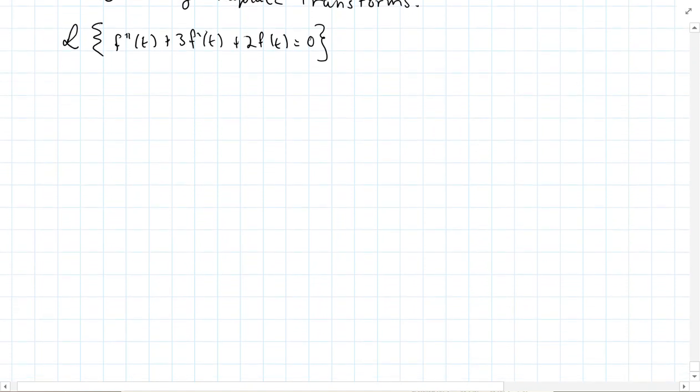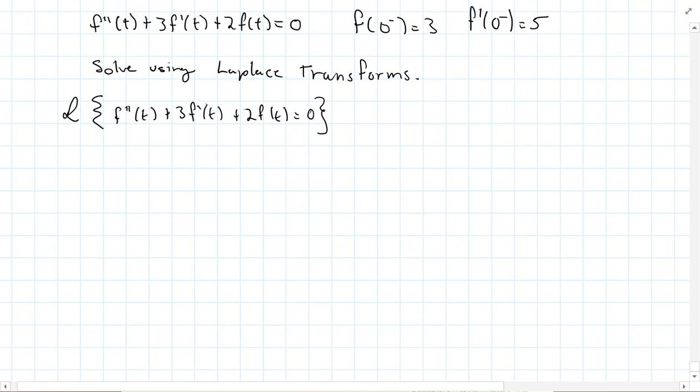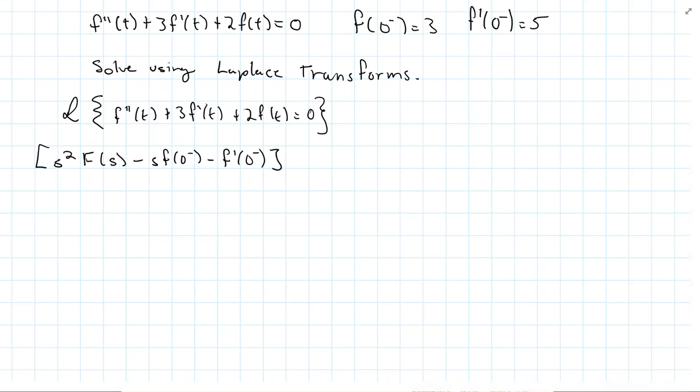So what I'd have is s squared capital F at s minus s f at 0 minus f prime at 0 minus. And now this is just for f double prime.